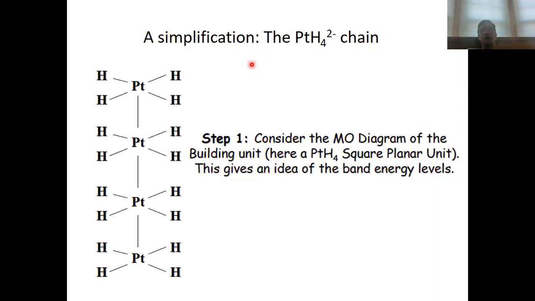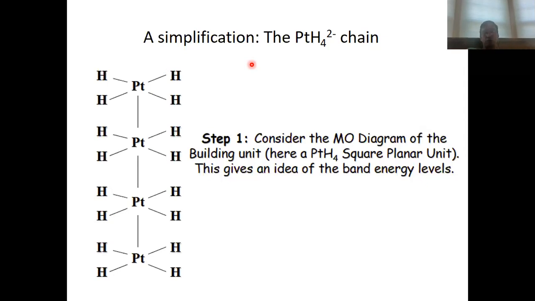All right. Now, if we want to develop the band structure for this chain, we first need to be clear which orbitals we want to use in order to construct the chain from which then the band is derived.